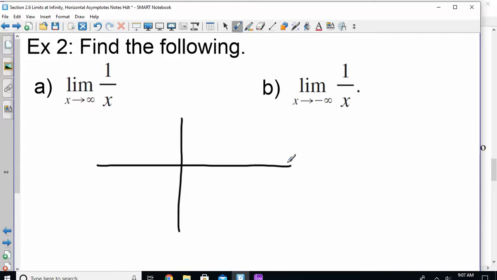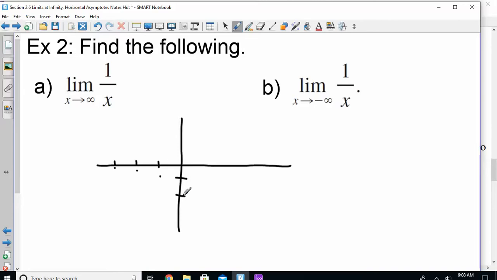If I put in a -1, 1 over -1 is -1. If I put in a -2, 1 over -2 is -1/2. -3 would give me a -1/3. What happens if you put in a -1/2? 1 divided by -1/2? -2. Flip and multiply.